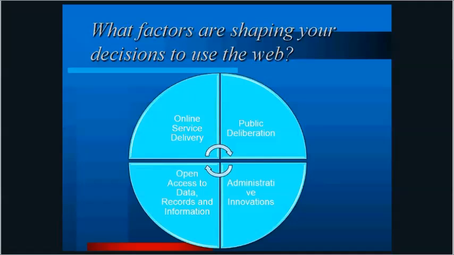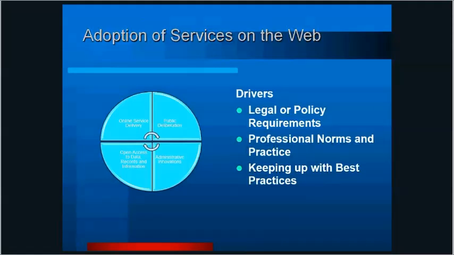The first of these factors is the legal environment. So FOIA, Open Meetings Act drive most of the decision about what information that you need to put out there and how you need to put it out there. So you got to meet those certain legal requirements. Others may be more normative.